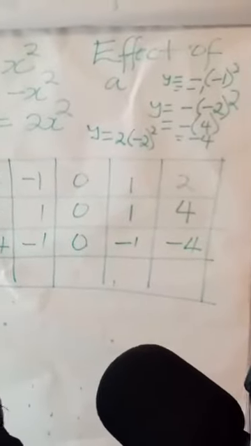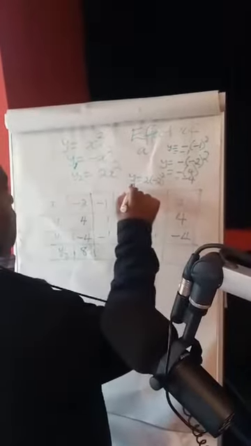And so you are going to say minus 2 squared is 4. 4 times 2, it should be 8. Then when you say x is minus 1, you are going to have y is equal to 2 times minus 1 squared, and minus 1 squared is 1, times 2 is 2. So you are going to have 2.